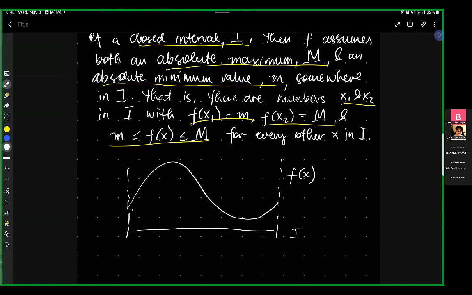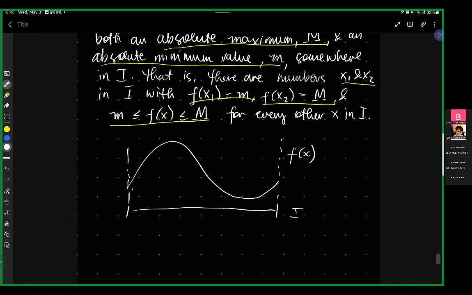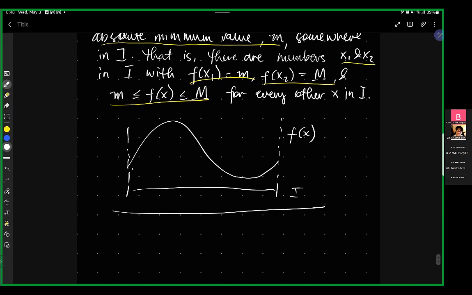So, sinasabi niya dito na dapat daw si f, mayroon siyang maximum and minimum value within this range. Okay? Sinasabi natin na if this is your x-axis, di ba? Ito yung x-axis, ito yung y-axis. Your function f of x for this given interval I, there must be an absolute maximum and absolute minimum.